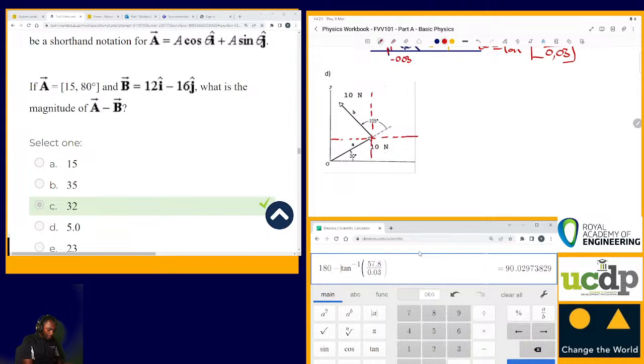Just putting the x-axis, if I put the x-axis like that, this is what we have, and we have this vector, which is 10 newtons, and I'm going to put the axis for this vector.